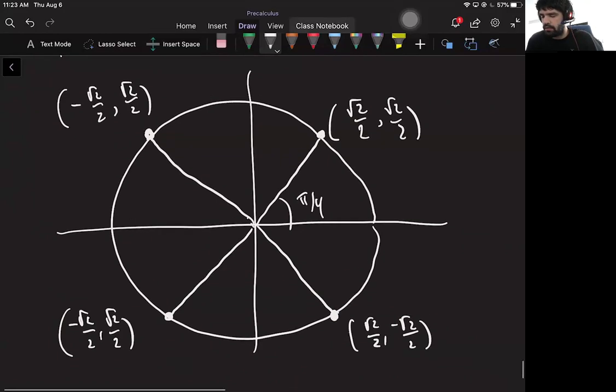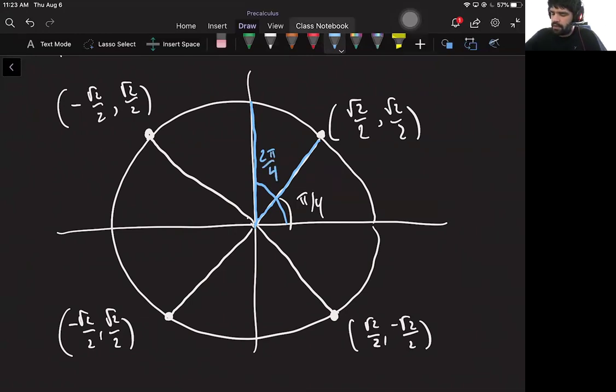So what are these angles? These are just other multiples of pi over 4. So this guy is pi over 4, and if I add another 45 degrees, I get up to here, and that you can think of as pi over 2, but it's actually 2 pi over 4.